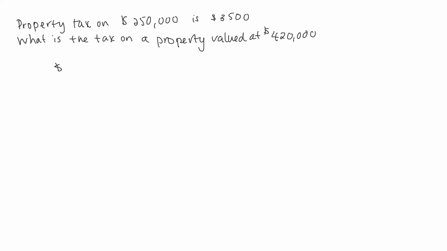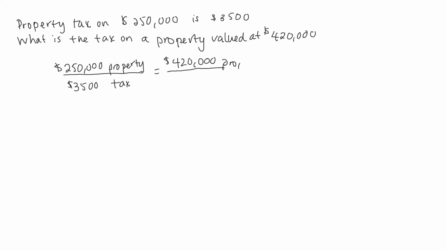We know that if we have a $250,000 property, we are going to be expected to pay $3,500 in tax. And if we set that equal to another ratio based on the property that's $420,000, we can set it up where the unknown is the tax for this second property. We're going to call the tax on the $420,000 property just plain old X.